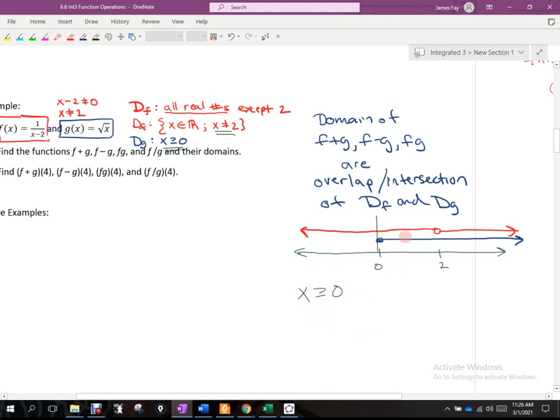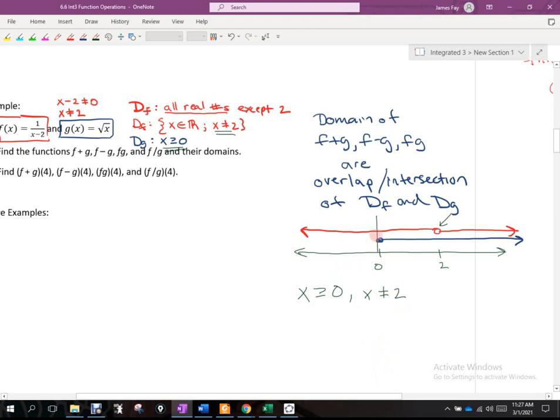Is there any spots over here where they don't overlap? Remember what that open dot means? It means there's a gap there, right? Okay, so do they overlap there? No, okay? So I would say they overlap when x is greater than 0, except for when x is 2.